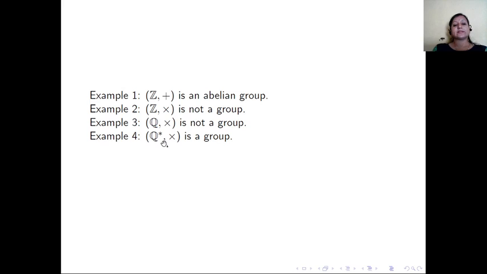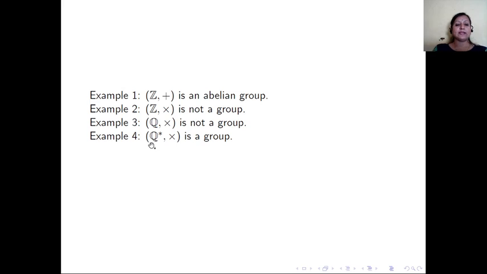Now consider the next example. As we have seen in the above example, there is a problem with only one element in Q, that is 0. So if we ignore that 0 from Q, Q star is the set Q minus the singleton set 0.